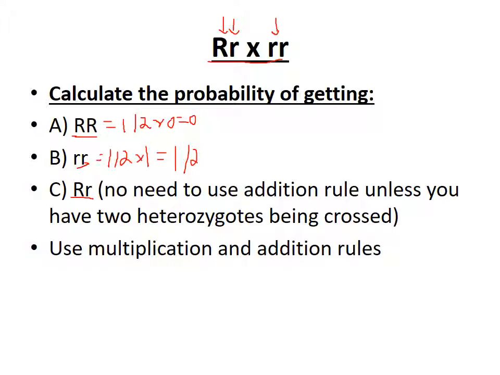For big R, little r here, there's only one way this can happen. You have to get the big R from mom and little r from dad. So you don't have to use the addition rule for this type of cross because it's not a heterozygous cross. You just have to use your multiplication rule. So half a chance to get the big R from mom multiplied by 100% chance to get the little r from dad, and that's half a chance total.